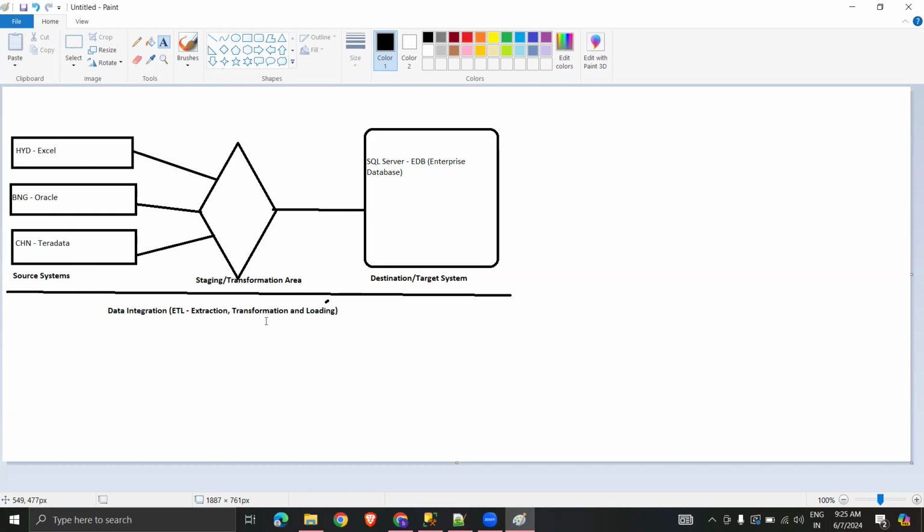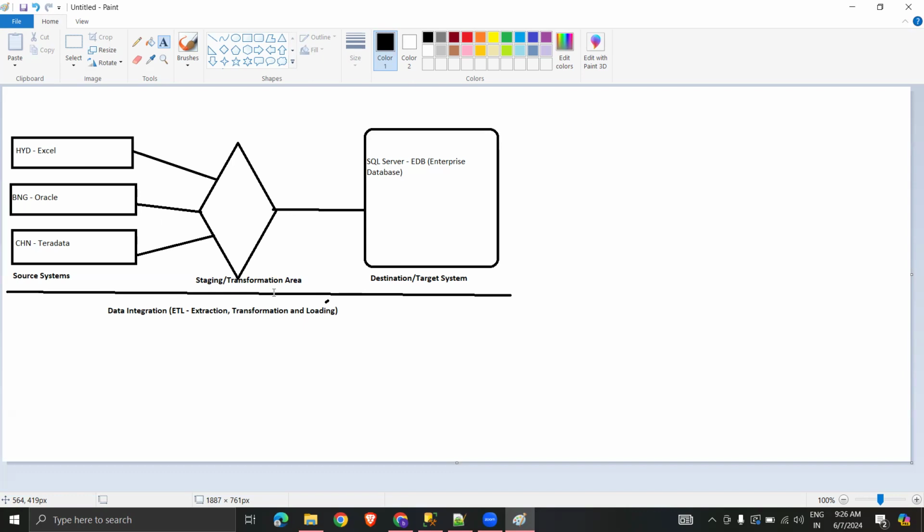So now, what is this one then? ETL. What exactly is this? Friends, from the source, what exactly are you trying to do? Are you reading the data or writing the data? Reading. Are you pulling the data or pushing the data? Pulling the data. Selecting the data.